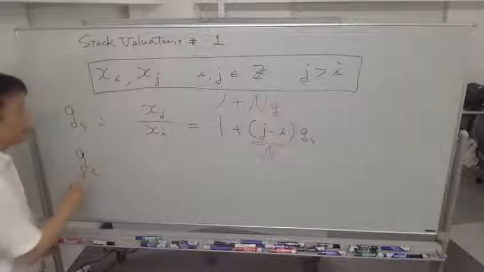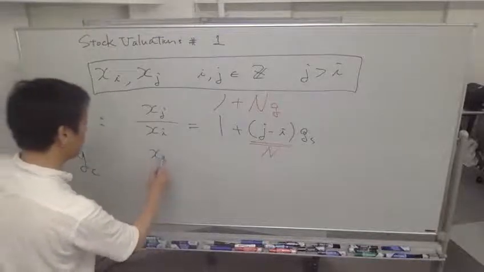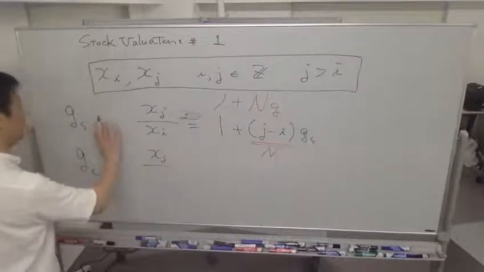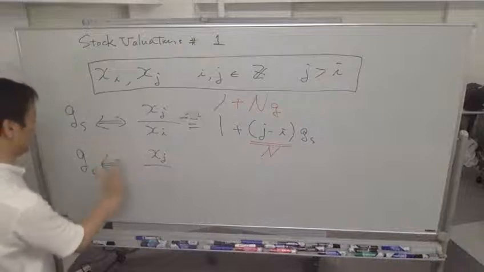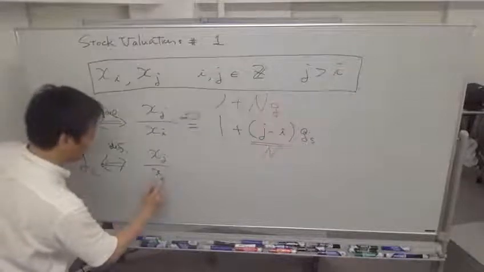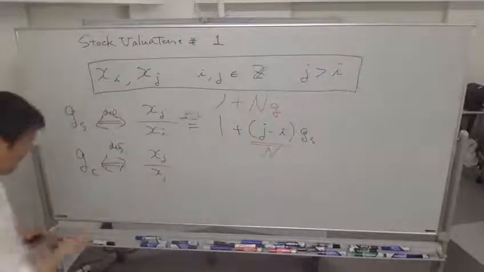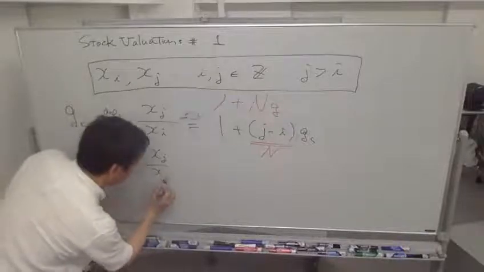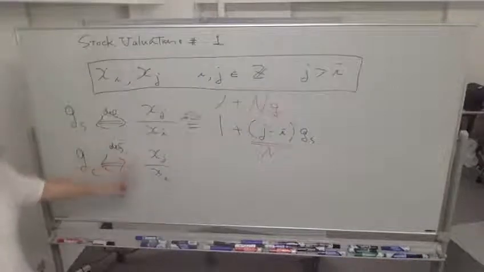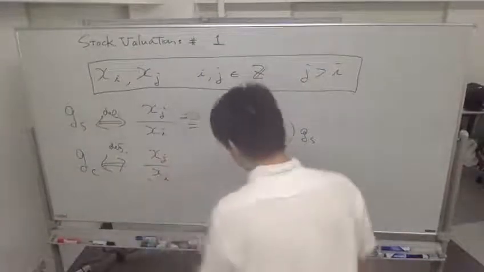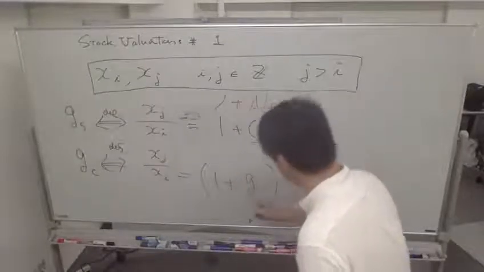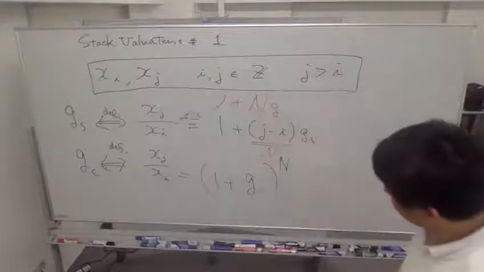On the other hand, the compound rate definition would be this. Ending value xj over xi would be 1 plus compound GC to the power of n, right?